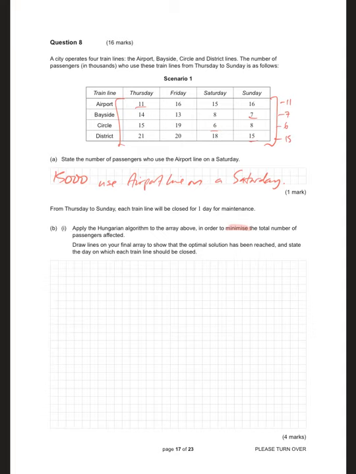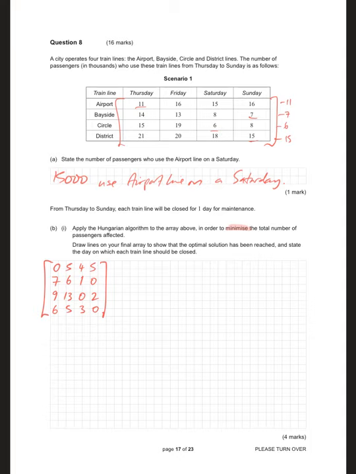Draw the matrix down here. 0, 5, 4, 5. Take 7: 7, 6, 1, 0. Take 6: 9, 13, 0, 2. Take 15: 6, 5, 3, 0.